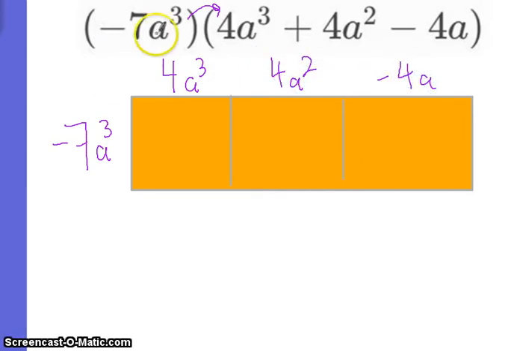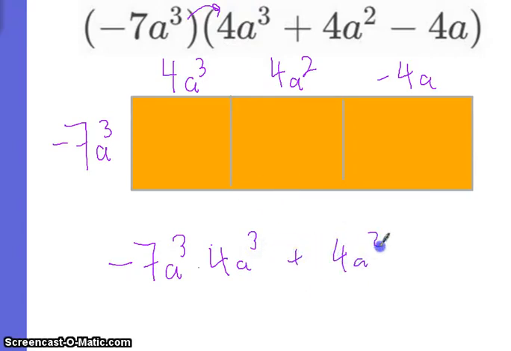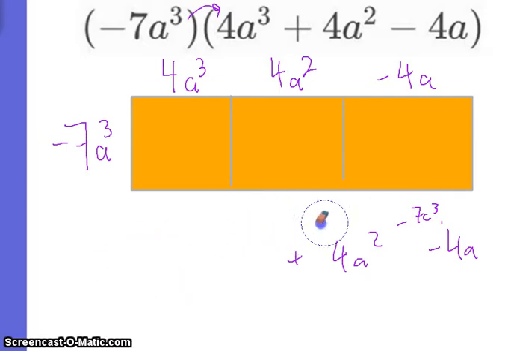So for example, when I was doing my multiplication, I might remember that I'm supposed to do 7a to the 3rd times 4a to the 3rd, the first 2 terms, but then I might forget that the 7a to the 3rd was supposed to be multiplying these 2 terms as well. And it just makes it easier. You will never forget anything if you just have a box. In other words, there's a blank in this box for everything, so hopefully you won't forget.